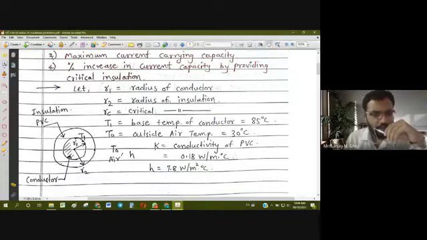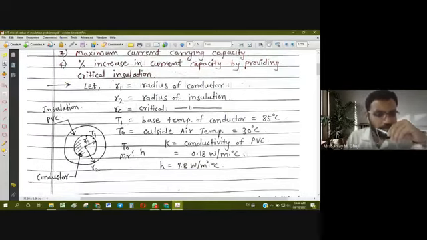So the conductor is in cylindrical shape, and we are looking at the cross section. Inside, the solid circle or solid cylinder is the base conductor, and over the outside surface of it, an insulation cover is provided.